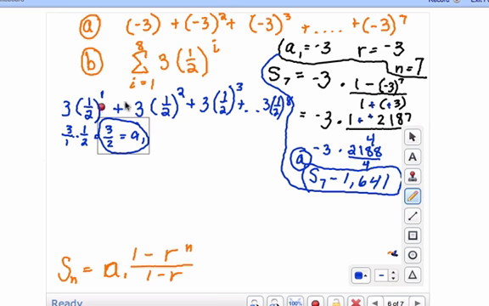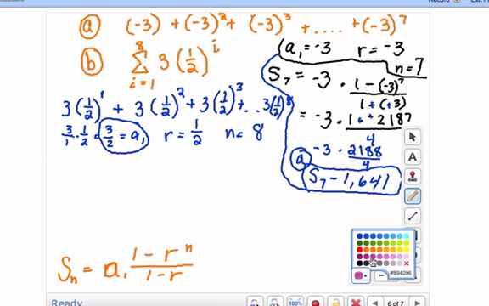Okay, and the r value, what are we multiplying each of these by? We're multiplying by another 1/2, so r is 1/2. And how many terms are we going to have? We're going to have 8 terms. So in this case, n is 8. So let's go ahead and plug that into the equation.